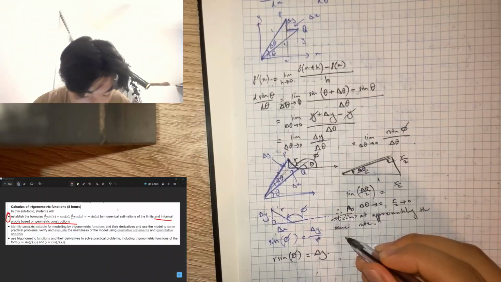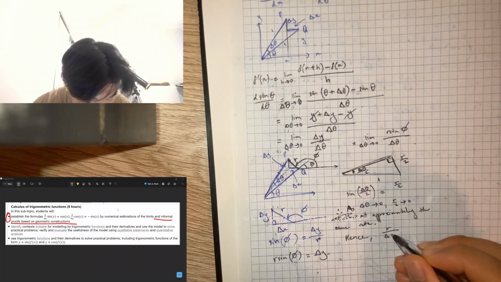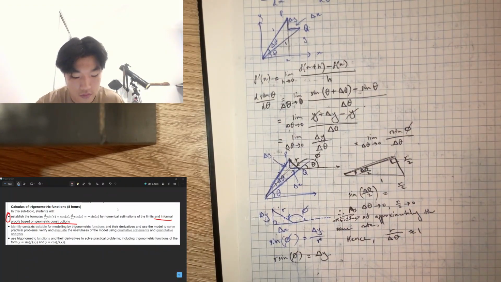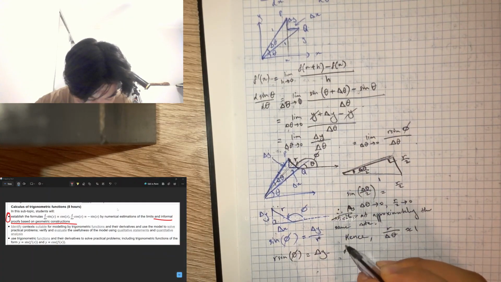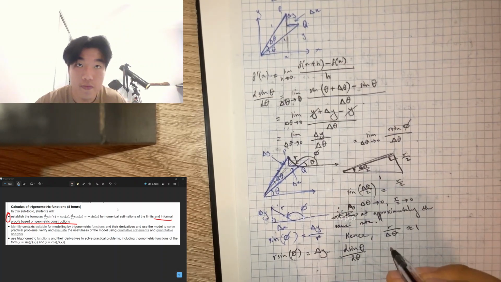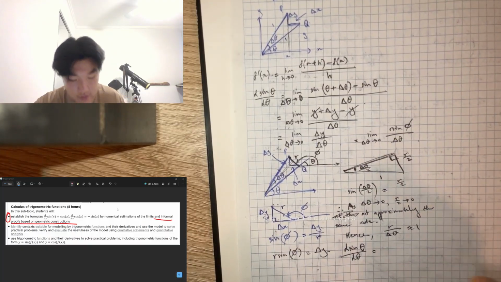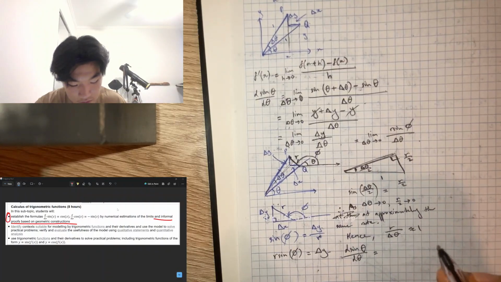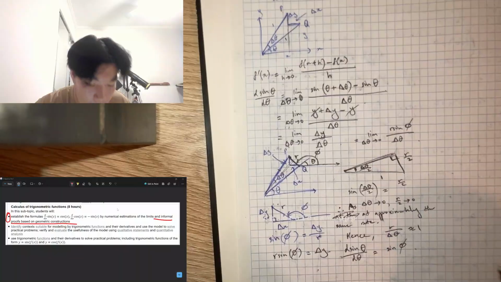Hence, r over delta theta is basically 1, right? Okay, so that means delta sine theta over delta theta, technically it does represent delta, it's just we use d to represent it.